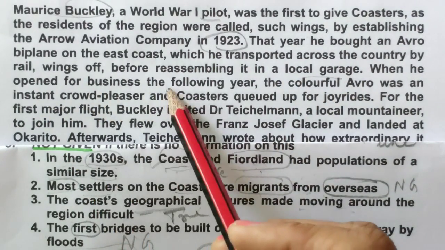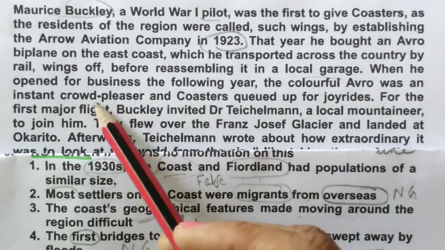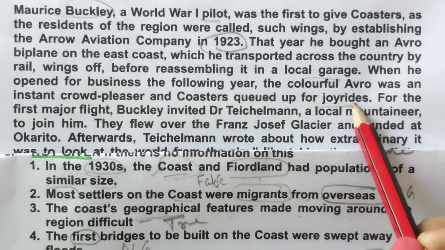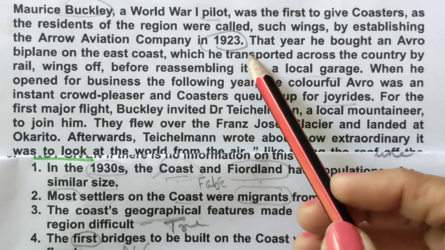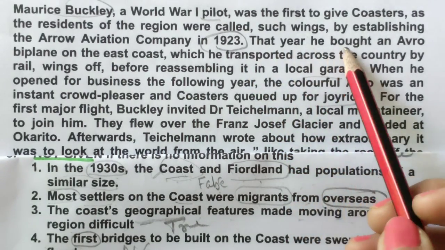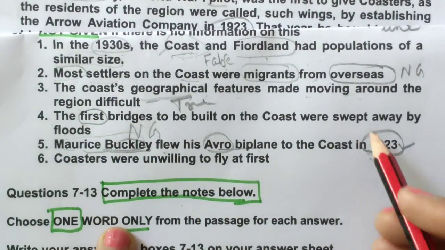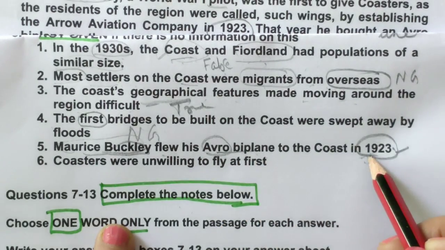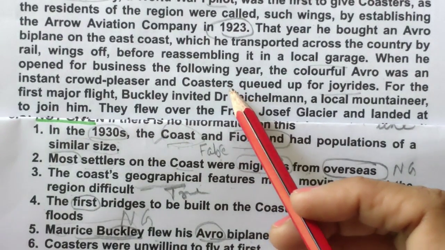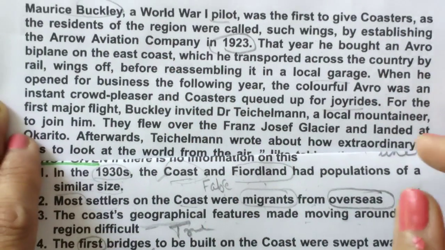When he opened for business the following year, the colorful Avro was an instant crowd pleaser, used for joyrides. So it means that he bought it. So it is that he flew his Avro biplane to the coast in 1923. Okay, so everything they have given. Residents of the region, just a minute.